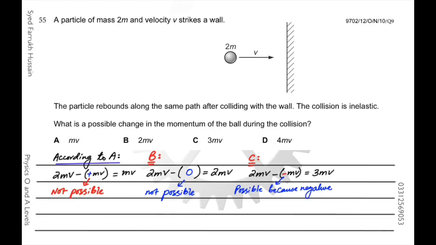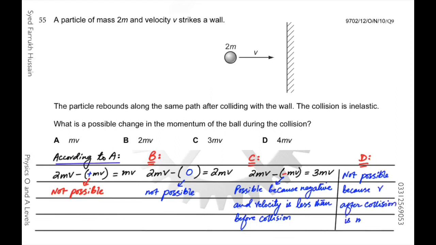If you check option D, you will see that after collision the speed is more, and this cannot be the case because the collision is inelastic.